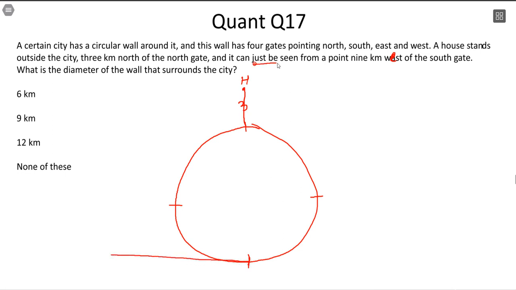Just seen means this line of sight will be tangential from this point. This is 9 kilometers. What is the diameter of the wall that surrounds the city?